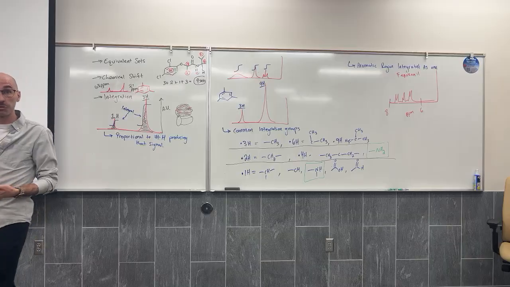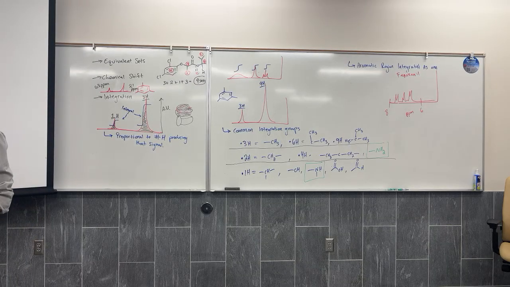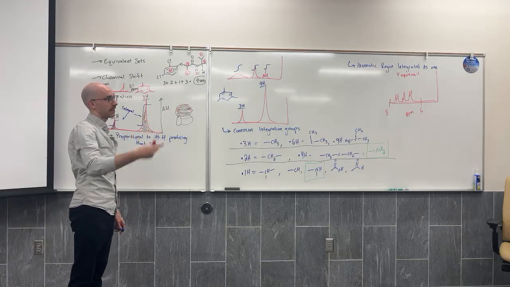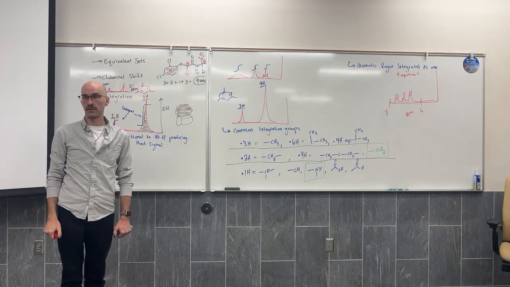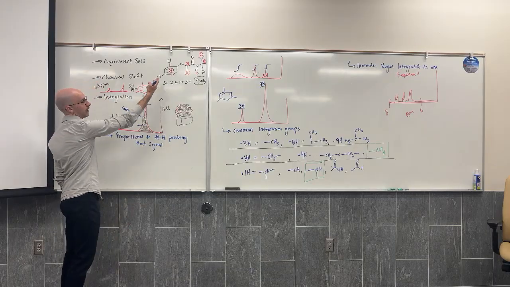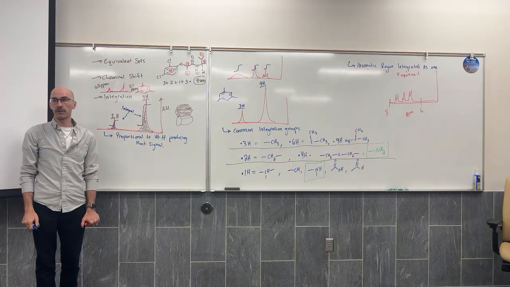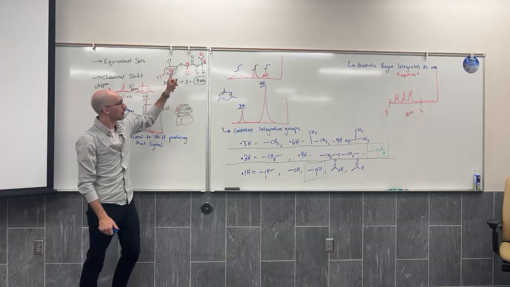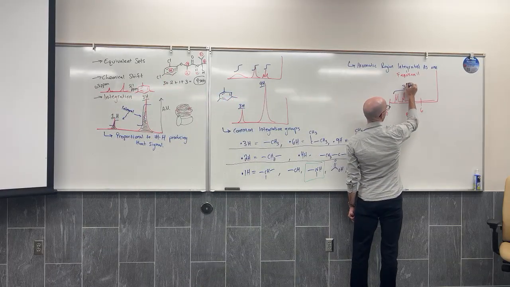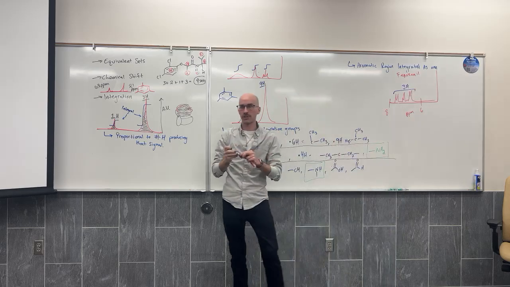I'm never going to give it to you as different integrations for each signal, because what I want you to recognize is that this is the aromatic region. And that just tells me how many hydrogens I have on my aromatic ring. And in this case, it's 3. So I will integrate this entire area as just 3H.